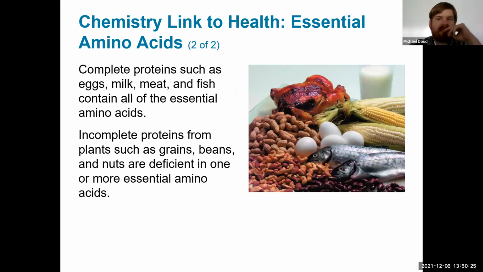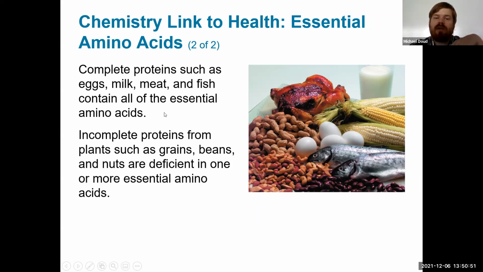So the most straightforward way possibly to get these is to have complete proteins in the form of eggs, milk, meat, or fish. However, not everyone wants to eat all of this stuff. So you can also devise a diet that contains all 9 from plant sources, including grains, beans, and nuts.